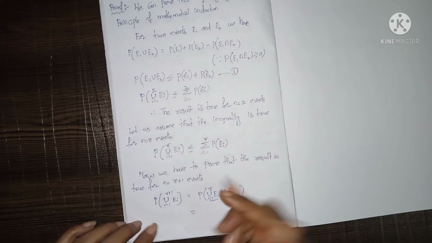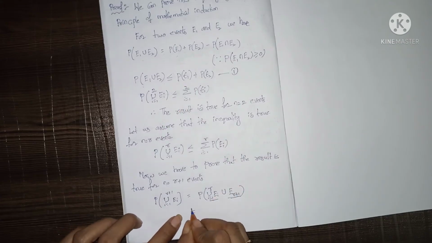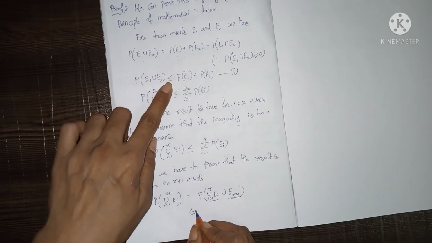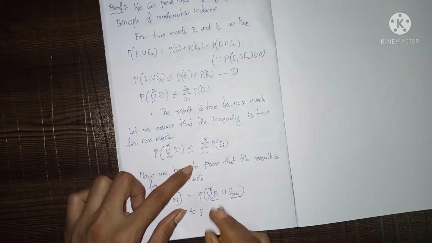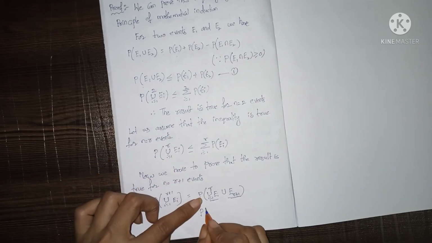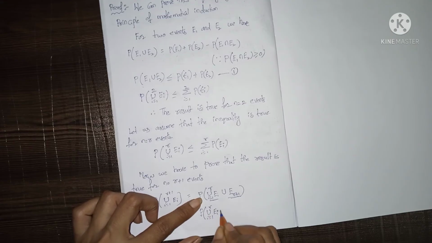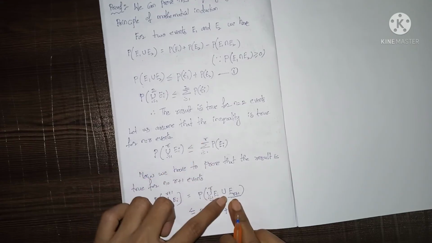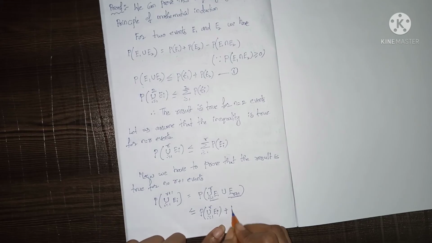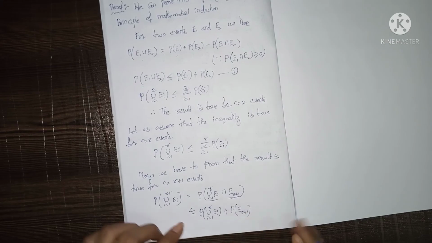That means we can write less than or equal to, P of E1, in the sense union i equals 1 to r E_i, plus E2, in the sense E_{r+1}, so P of E_{r+1}.